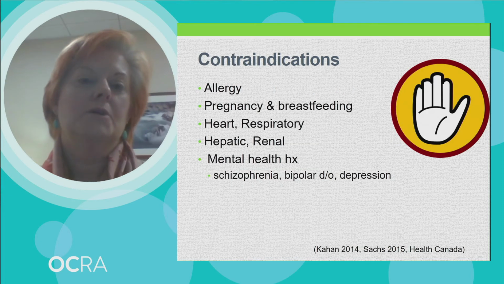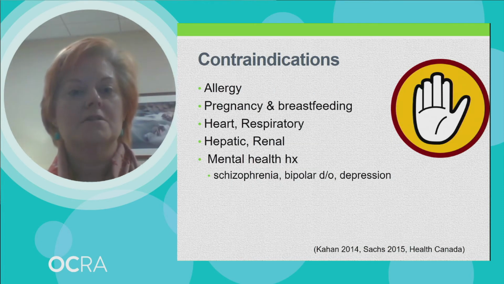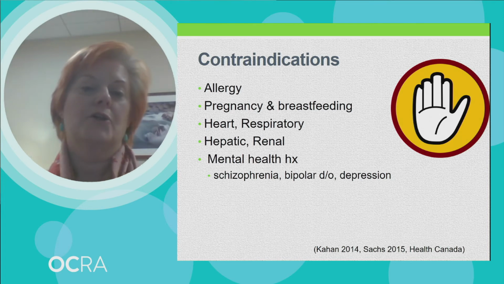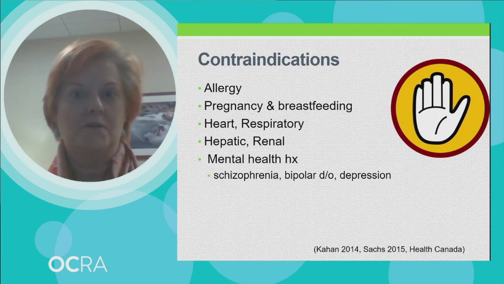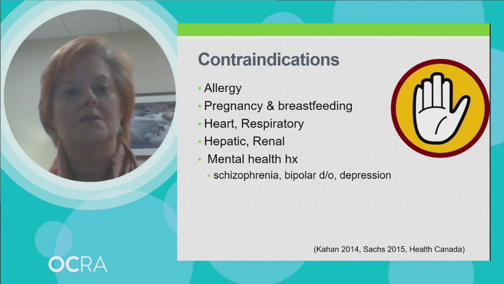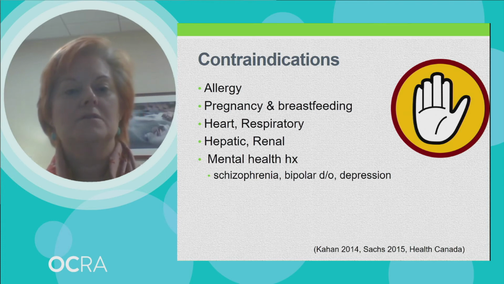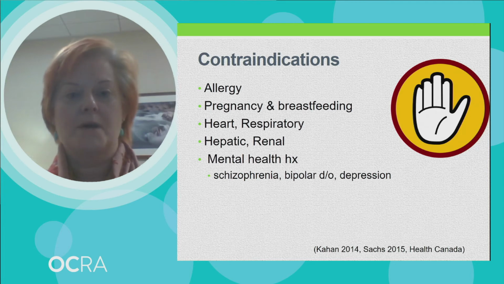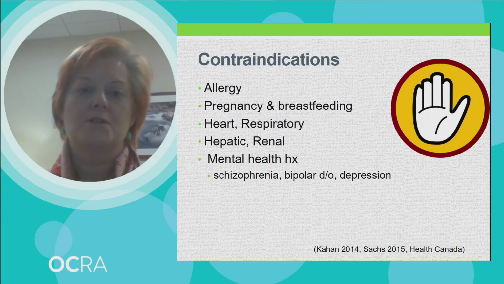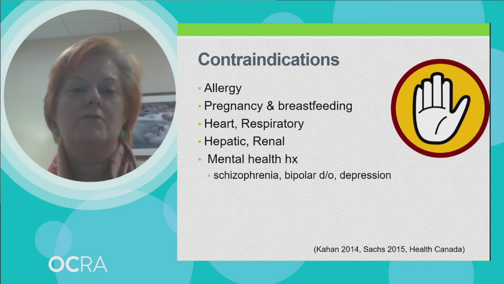So now I want to talk a little bit about contraindications and adverse effects. Of course, if somebody is allergic to cannabis itself or the vehicle that cannabis is being delivered in, you wouldn't want to take it. We still urge people not to use cannabinoids for medicine in the situation of pregnancy or breastfeeding. If you have major heart or respiratory issues, cannabis can make those worse.